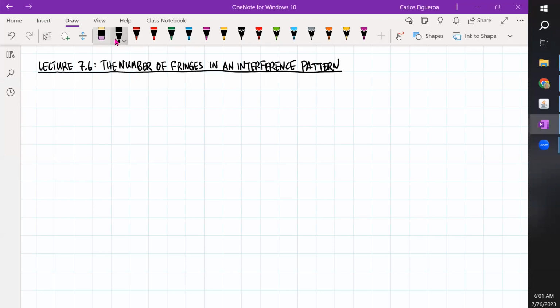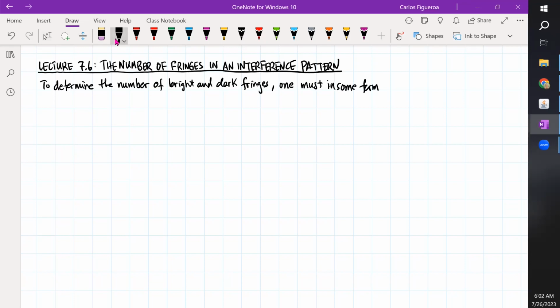To determine the number of bright and dark fringes, one must, in some form, calculate the value of M, MC, MD.